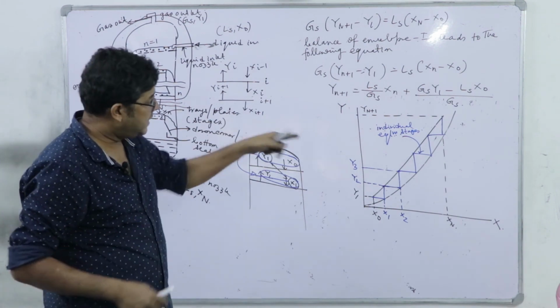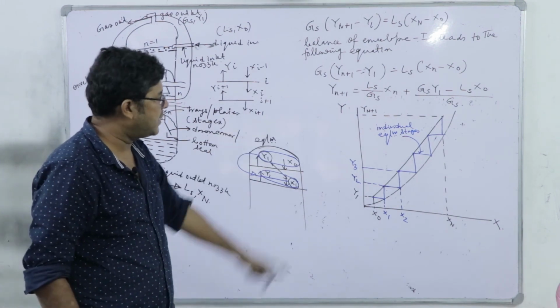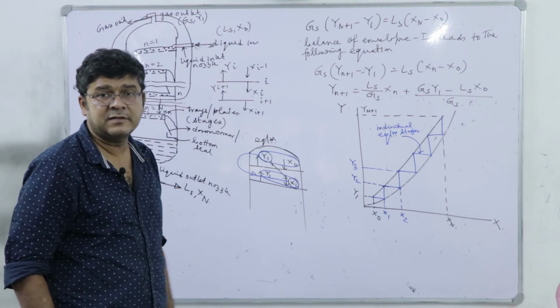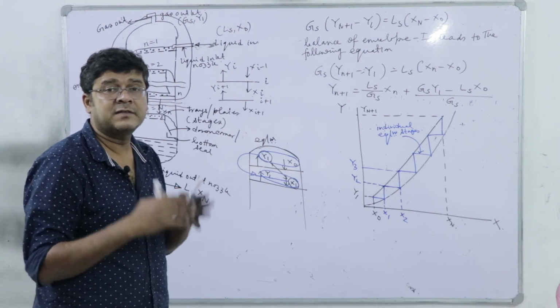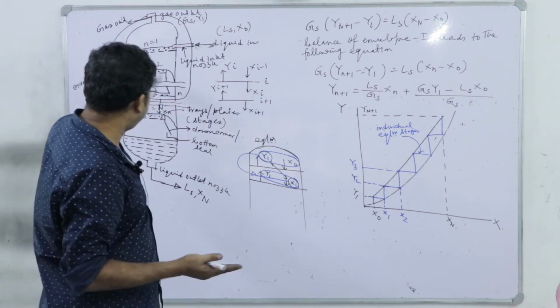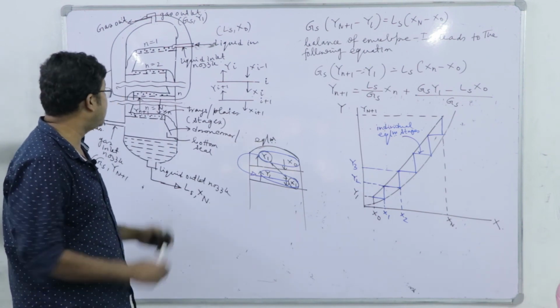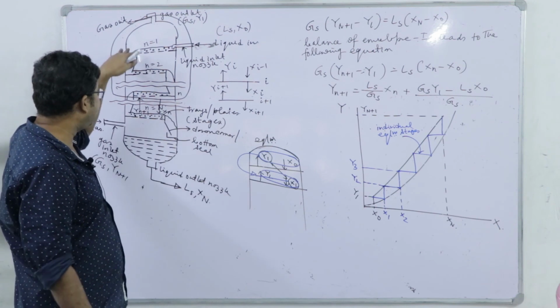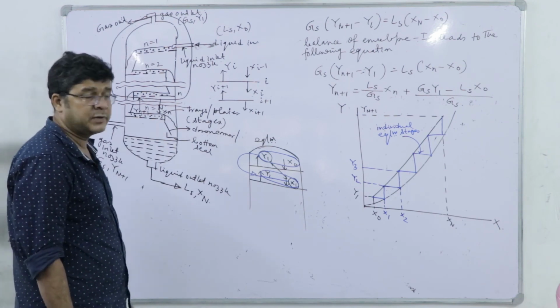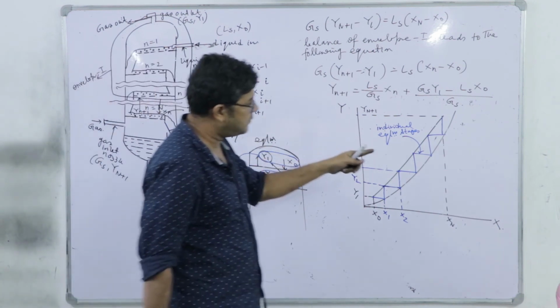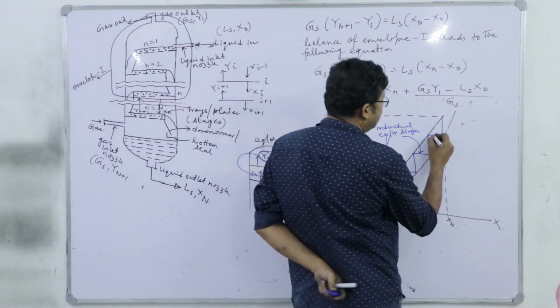And this may be a fraction, because though the number of trays in a column is an integer, the number of equilibrium stages that we determine by the staircase construction may be a fraction, because the actual plates or trays in a column may not lead to equilibrium between the outgoing gas stream and the outgoing liquid stream. However, when we are going for a theoretical calculation, how can we do that?